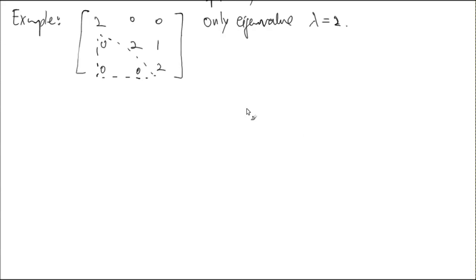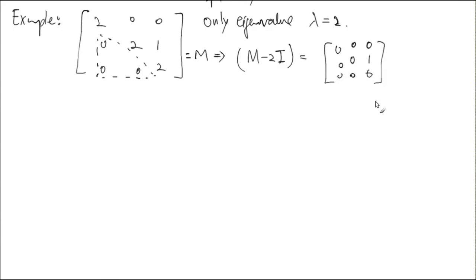Then if you plug in lambda equals 2, that turns to 0, and then you solve the homogeneous equation, right? So this is M. M minus 2 times the identity matrix is what we're calculating, right? So what is the matrix here? If you subtract 2, that's 0, 0, 0, 0, 0, 0, 0, 0, 1 there, right?